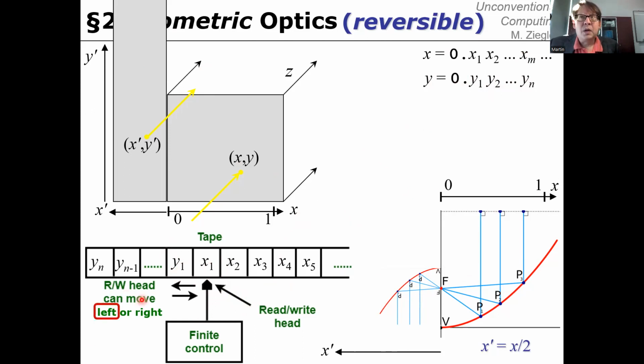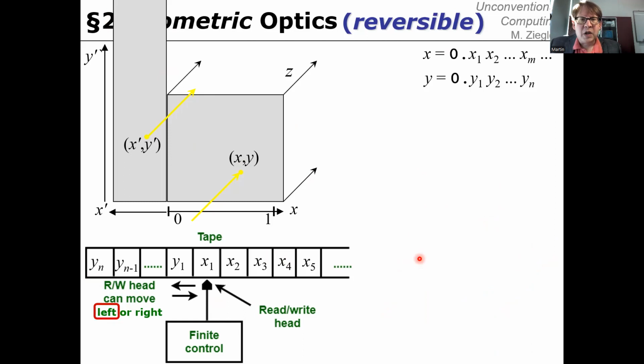That's here, move to the left. And by having another device in opposite direction, we can also have an optical device that simulates a move to the right of the read-write head. So we're already making progress towards our optical computer.